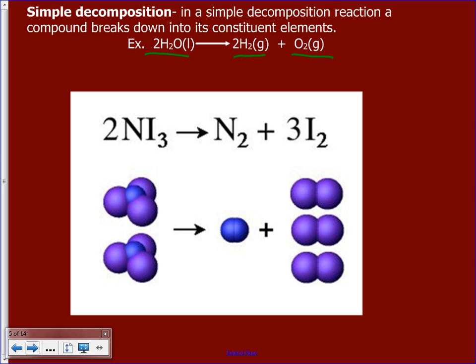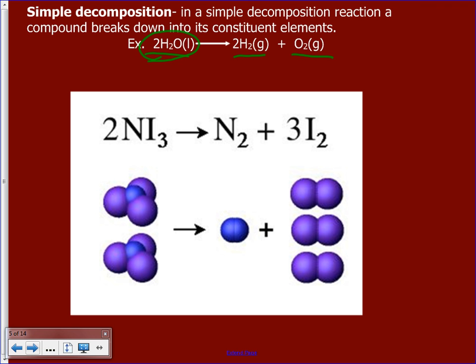On the reactant side, how many hydrogen atoms are there? There's 2 in each molecule of water, but how many molecules of water are there?